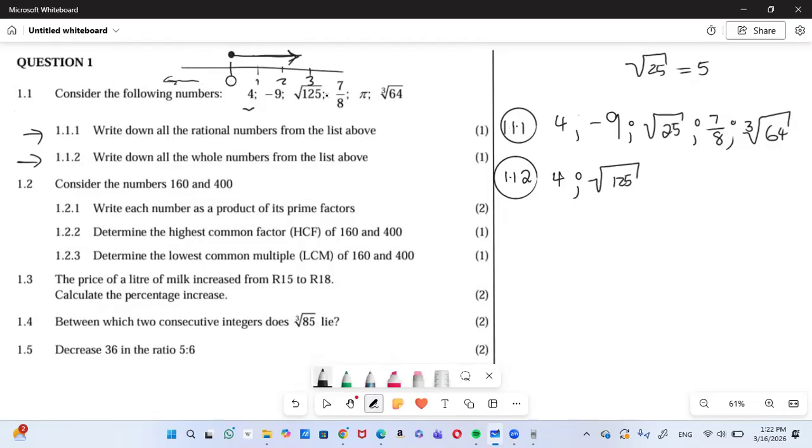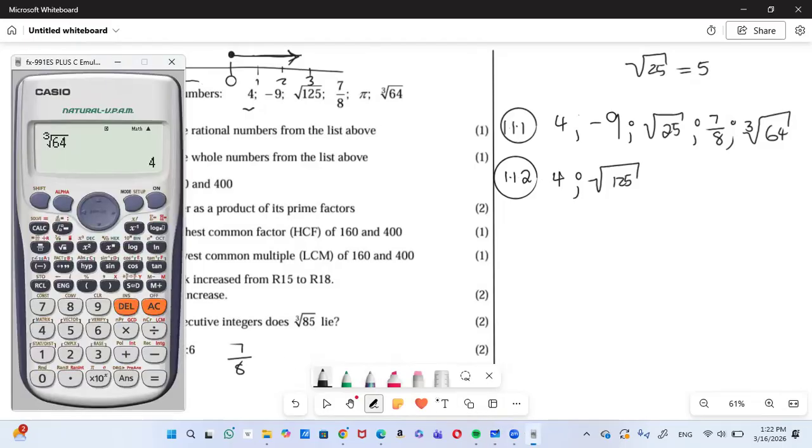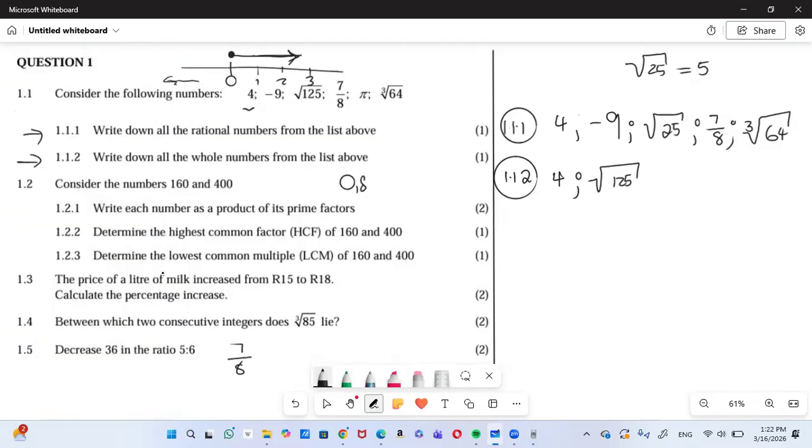And then 7/8. How much does 7/8 give us? 7 over 8 gives us 0.875. Remember now, 0.875 is also in this direction. But why is it not a whole number?